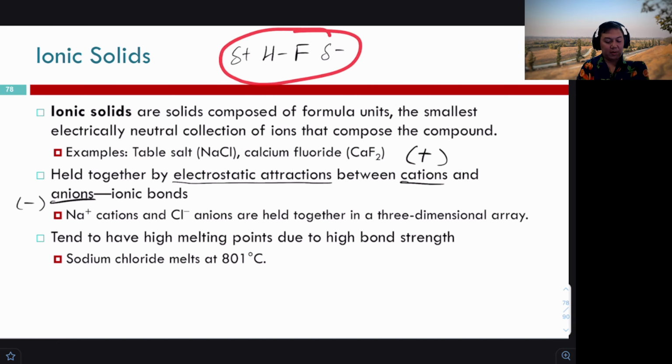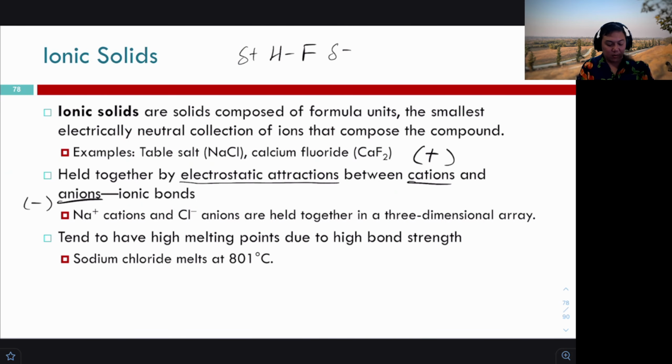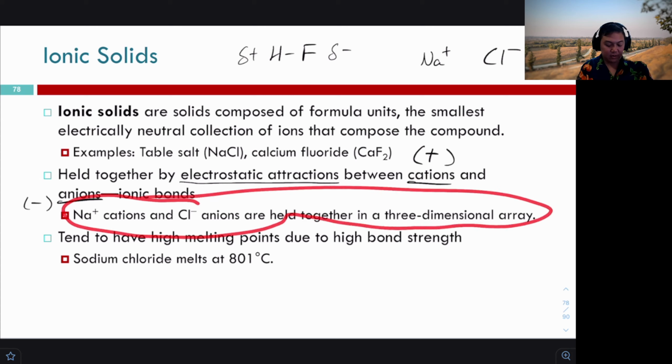Those are only partial charges, whereas in something like sodium chloride, that sodium has a full plus charge, and the chloride has a full negative charge, not a partial. So those are going to be very, very strongly attracted to each other, and they stick together in a three-dimensional array.